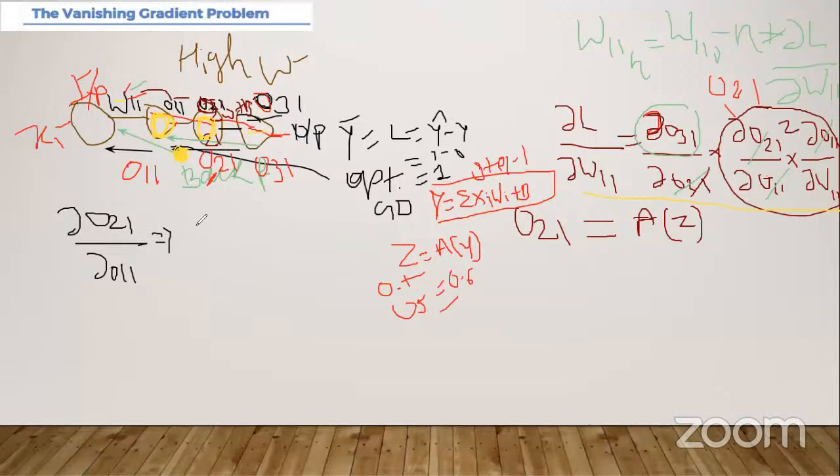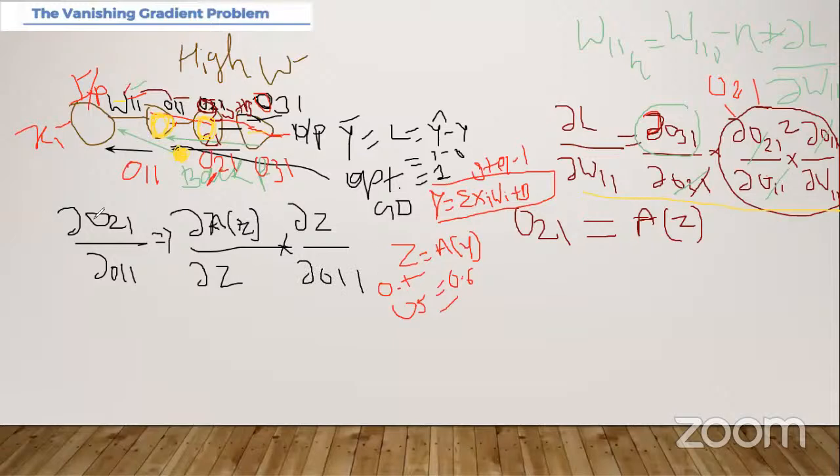It will again be dependent on what? So I'm considering this function as Z. So it will be the activation function of Z, this activation function Z divided by dz, again multiplied by dz divided by O11.